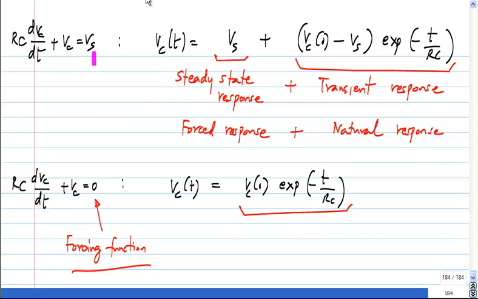And I think in the terminology of differential equations, these things are called the particular solution or particular integral, and this part is the solution to the homogeneous equation. Sometimes it's called the homogeneous solution, right?